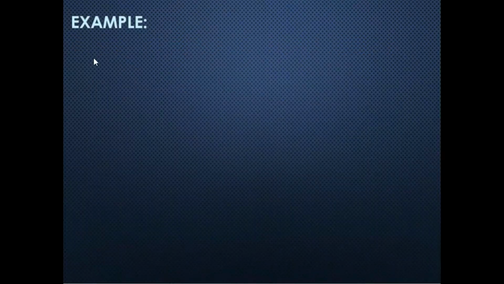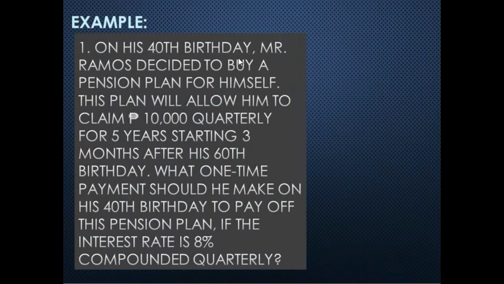For example, on his 40th birthday, Mr. Ramos decided to buy a pension plan for himself. This plan will allow him to claim 10,000 pesos quarterly for 5 years, starting 3 months after his 60th birthday.